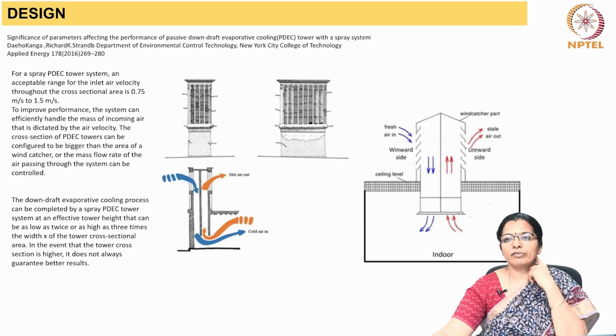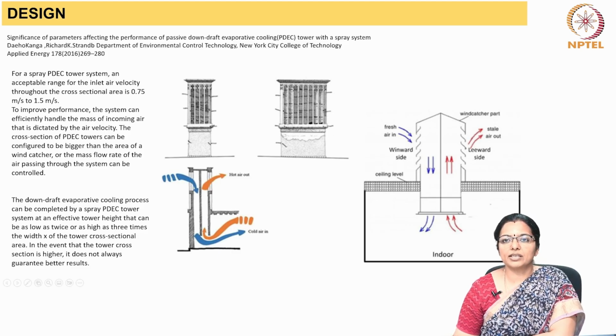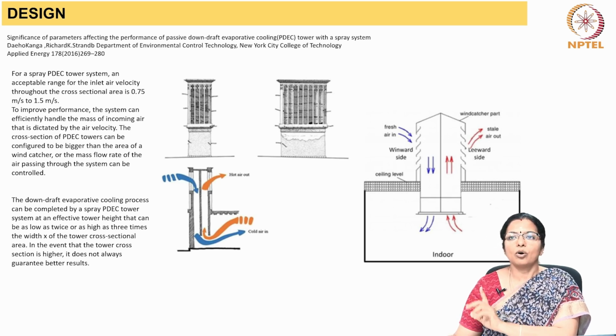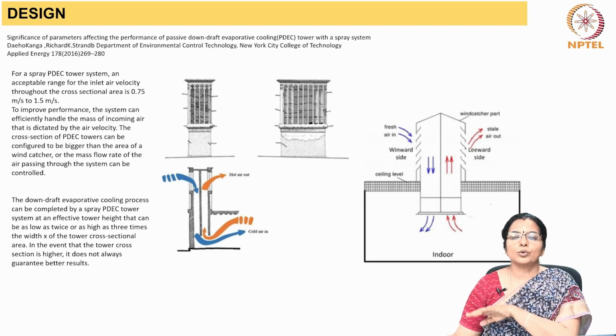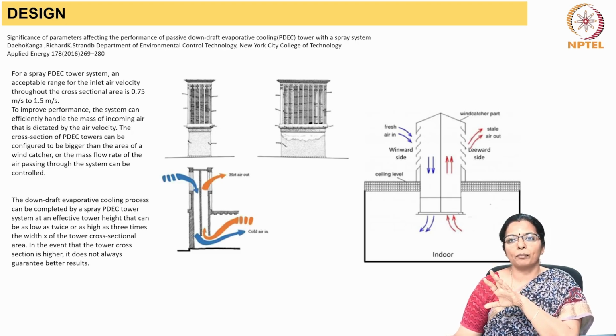The downdraft evaporative cooling process can be completed by a spray PDEC tower system at an effective tower height that can be as low as twice or as high as 3 times the width of the tower cross-sectional area. So the proportion or aspect ratio of the tower is also important.